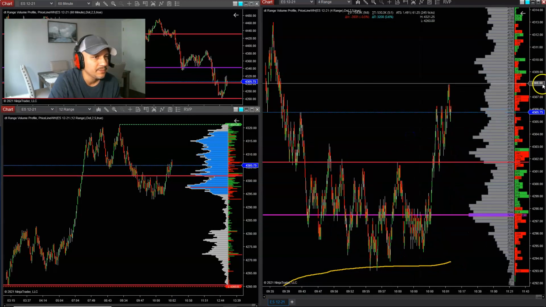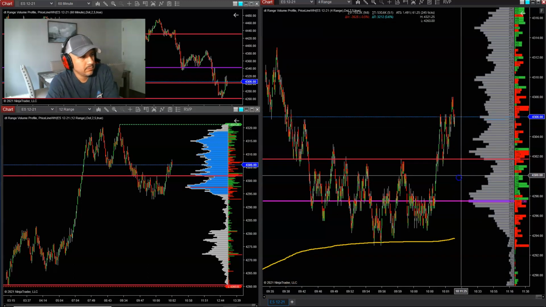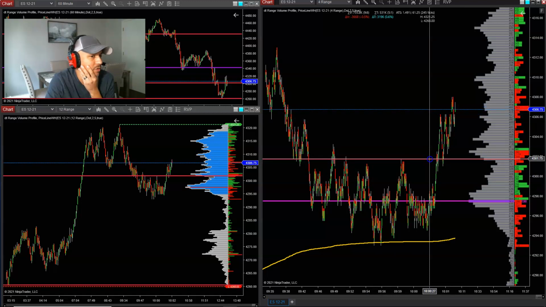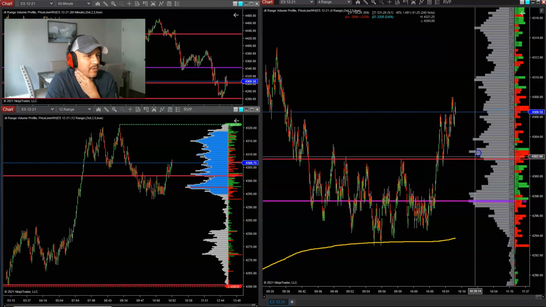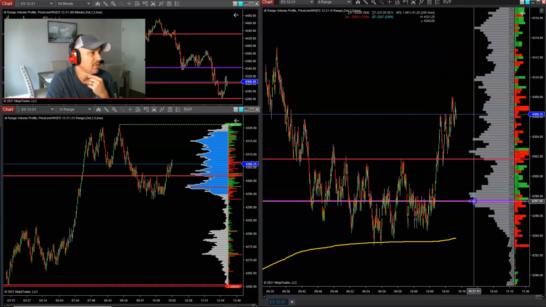Let's see what happens. It's a level right here, 43.01 3/4 or 43.02, somewhere in this area right here. But we got to be careful because what do we have below? We have the point of control below.